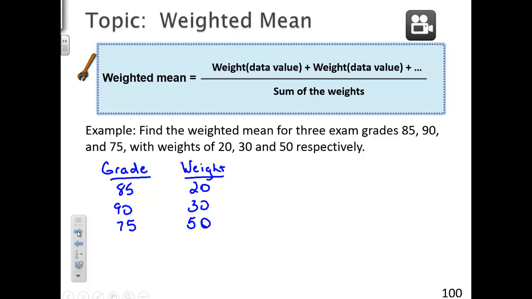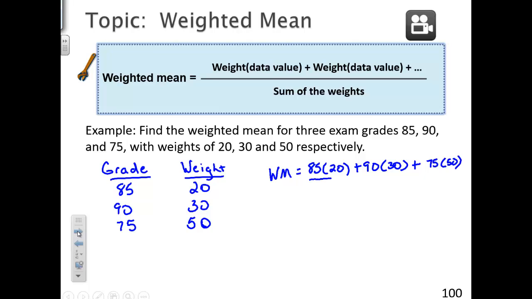So the weighted mean, and let's just abbreviate that WM, is going to be the grade multiplied by its weight. So 85 times 20 plus 90 times 30 plus 75 times 50.